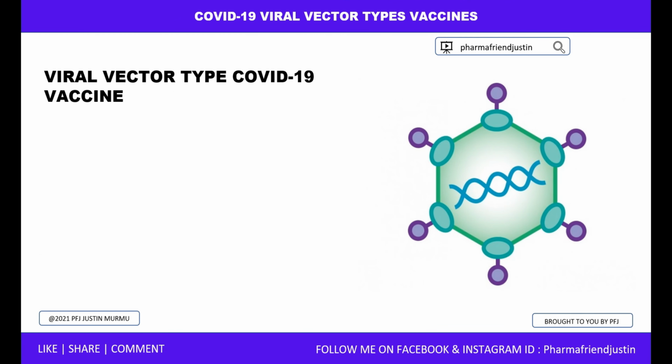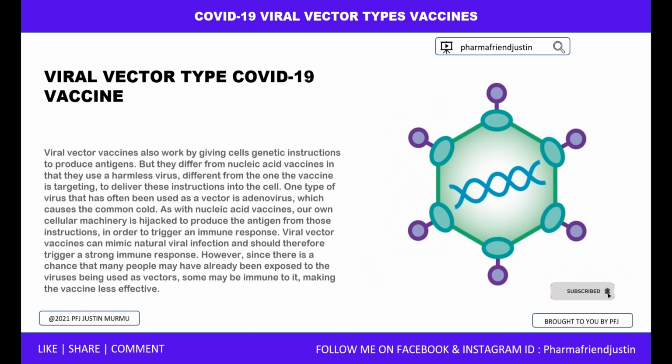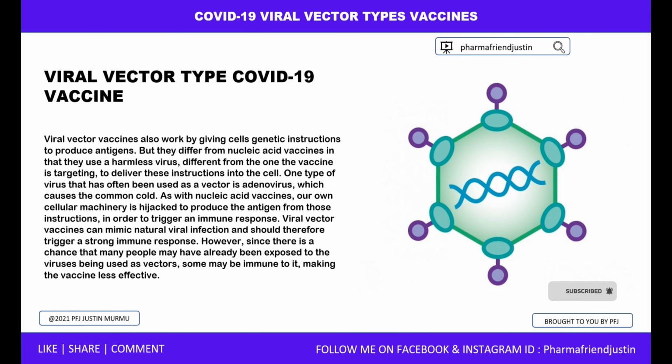Viral vector type COVID-19 vaccines. Viral vector vaccines also work by giving cells genetic instruction to produce antigen, but they differ from the nucleic acid vaccines in that they use a harmless virus, different from the one the vaccine is targeting, to deliver these instructions into the cells.